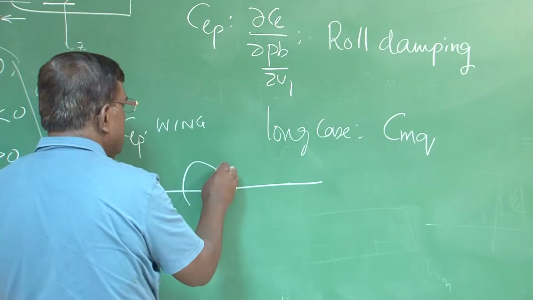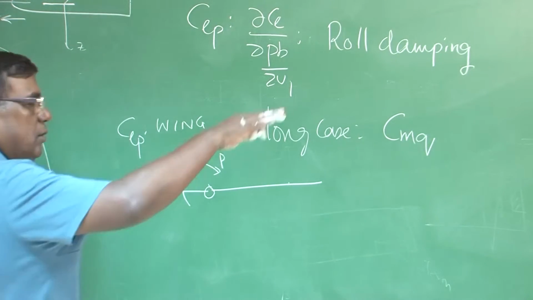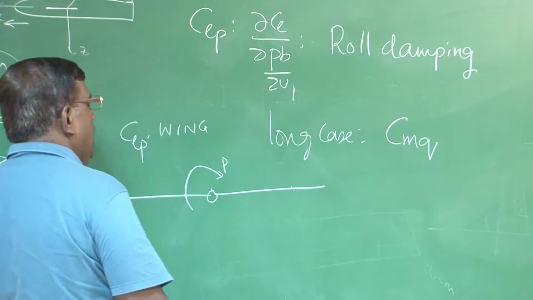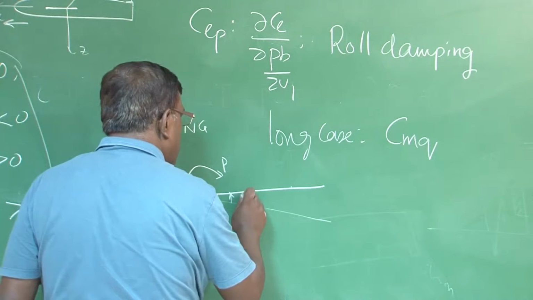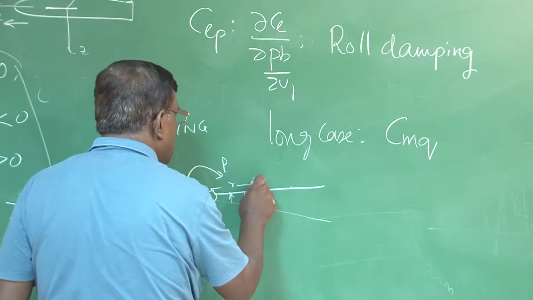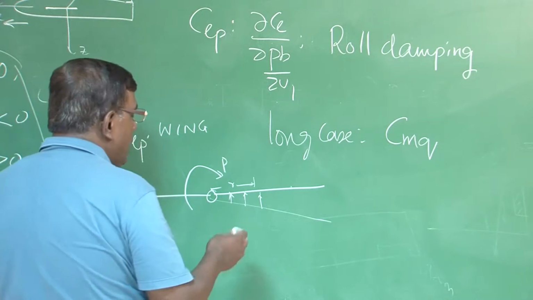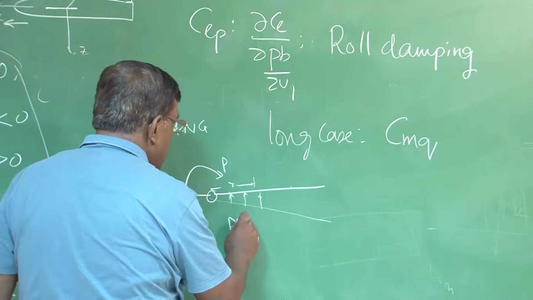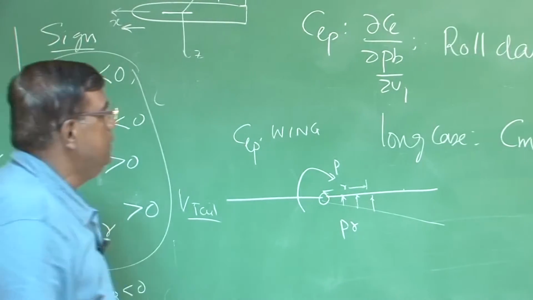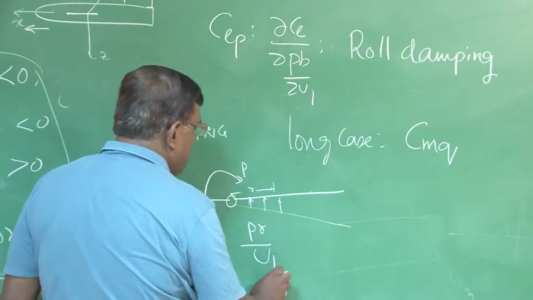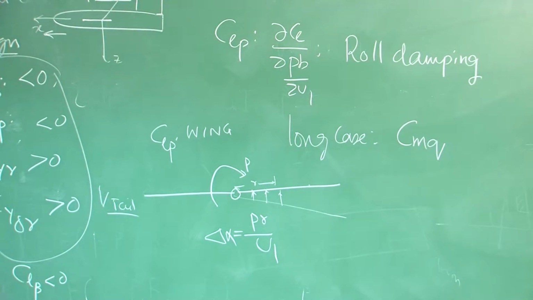What happens? Suppose this is positive P, I am flying into the board, and positive roll rate means right wing going down. What you see here? At each point at a distance r, this will see a vertical component of relative air, which is P into r, omega r. This divided by U1, let's say moving the forward speed, that will give you an approximate angle of attack at each section.